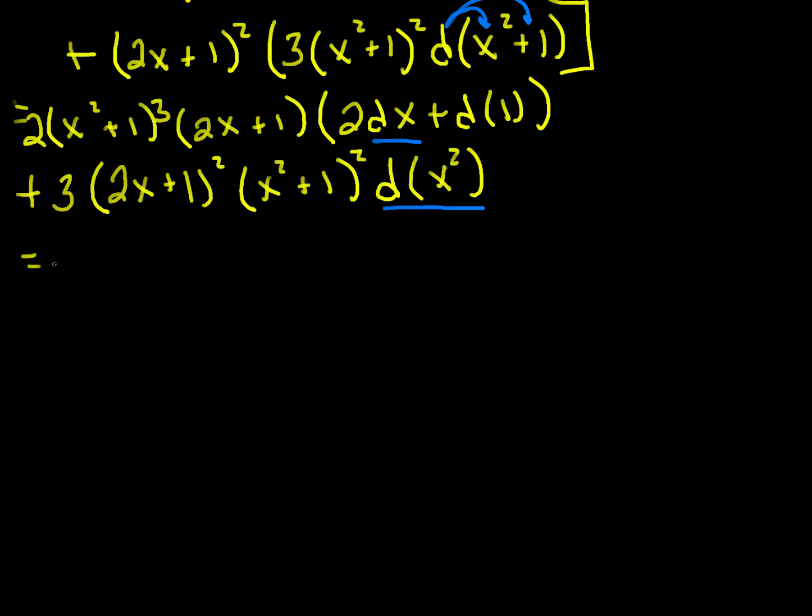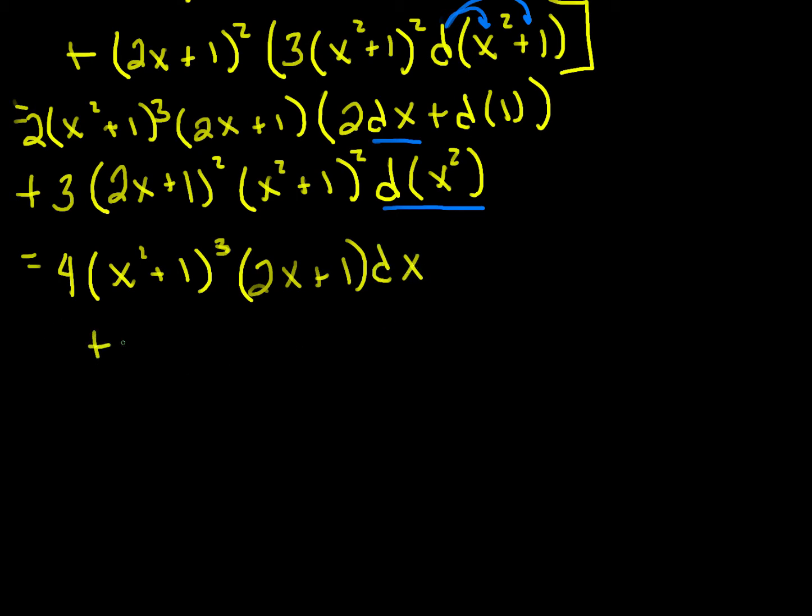So 2 times 2 is 4. So I get a 4 x squared plus 1 quantity cubed times 2x plus 1 dx.